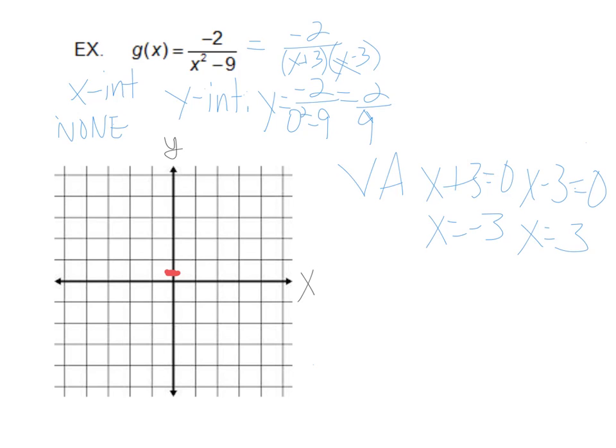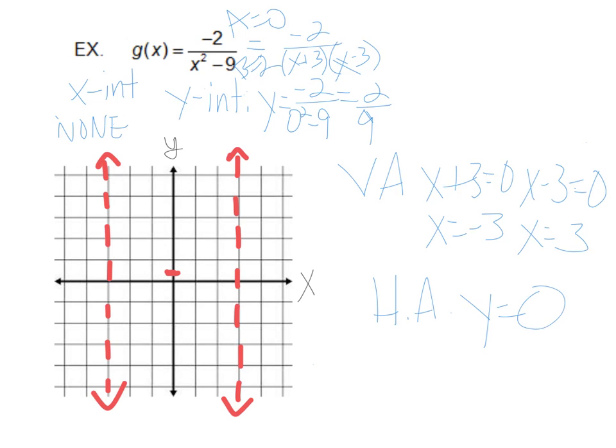One at negative 3, one at positive 3. And finally, the horizontal asymptotes go back to the unfactored form. Degree of the top is 0. Degree of the bottom is 2. When the top is less than the bottom, the horizontal asymptote is y equals 0, which is the x-axis.